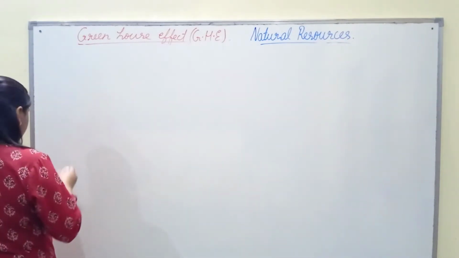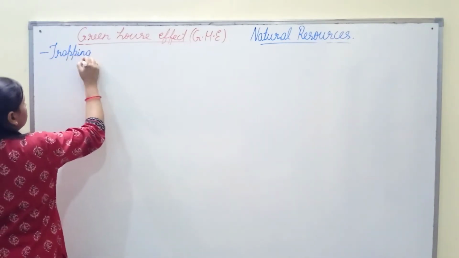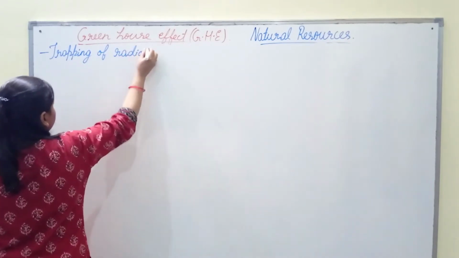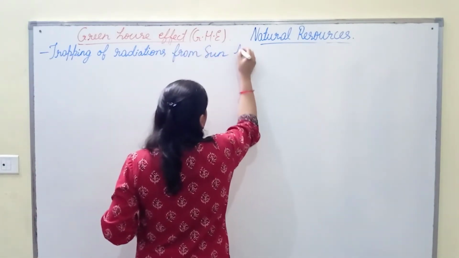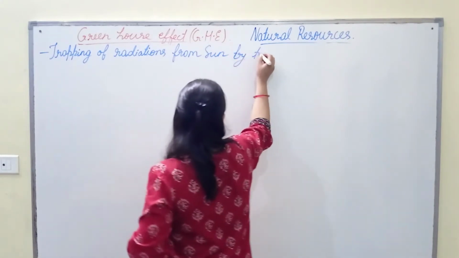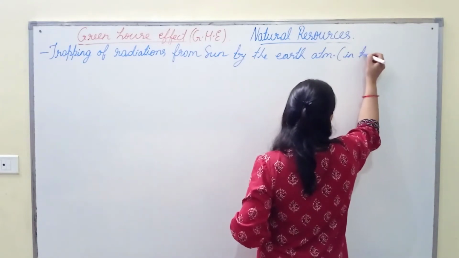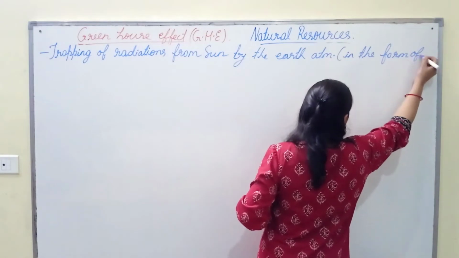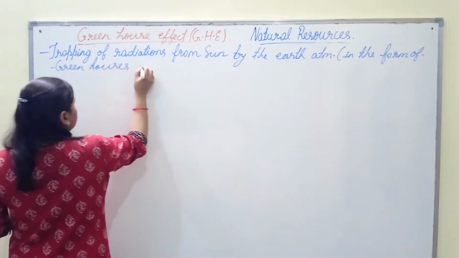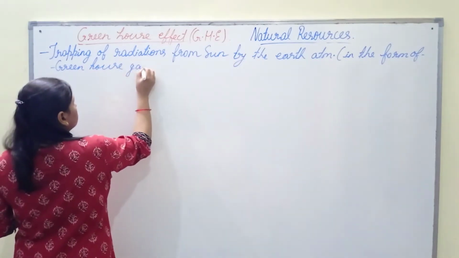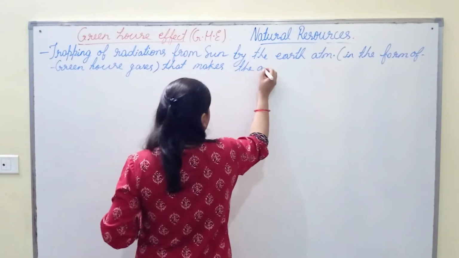Now let us write this down: the greenhouse effect is the process of trapping or capturing the radiations from the sun by the earth atmosphere in the form of greenhouse gases that makes the atmosphere warm.